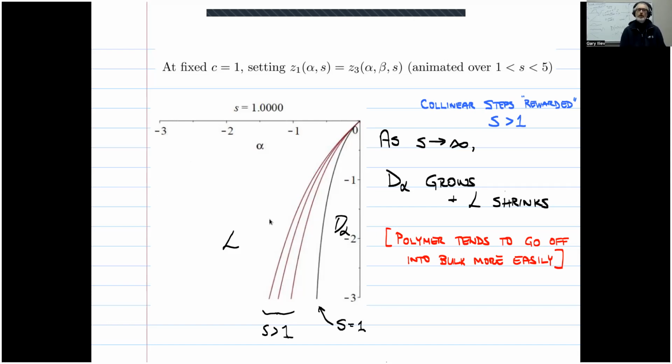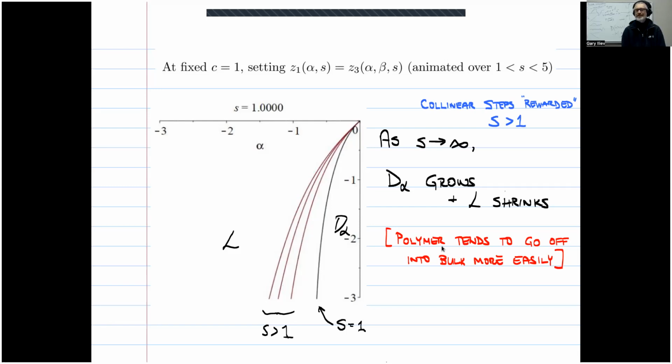And if I think about what's happening here in terms of physics, this all makes sense. As S gets larger, the delocalized region grows. So this phase boundary moves to the left, and the localized region shrinks. And that tends to make sense because as I make S larger and larger, I'm going to make the polymer tend to go off into the bulk more easily.